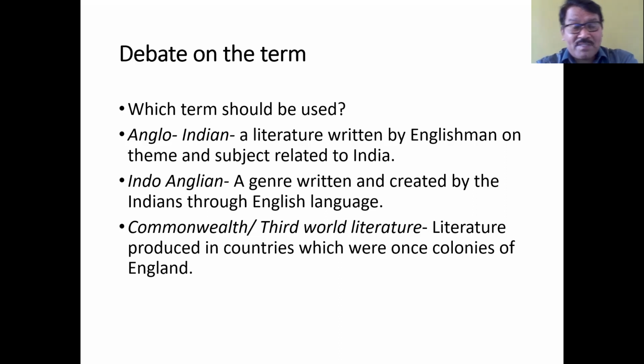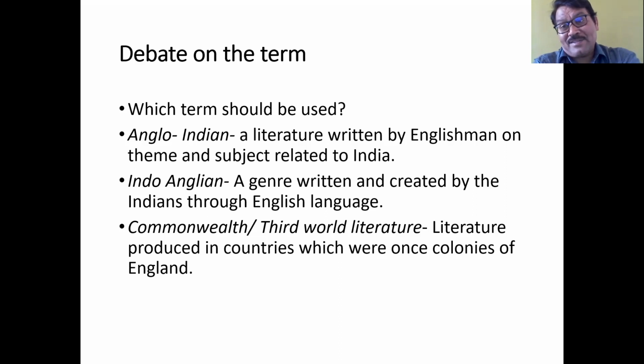Dennis Kincaid was a collector. Charles Kincaid was an educationalist. Meadows Taylor was a ruler of Shorapur. They wrote about India, and obviously this kind of literature is called Anglo-Indian literature. This cannot be called Indian English literature.